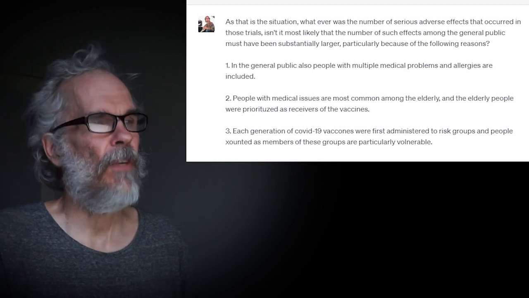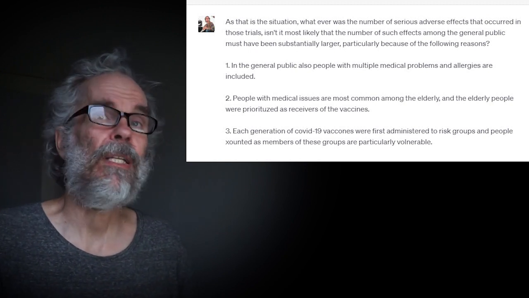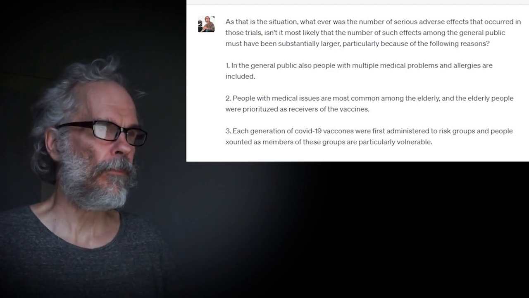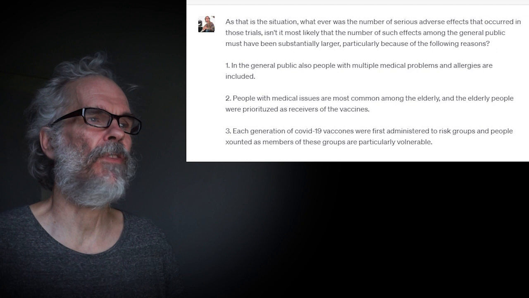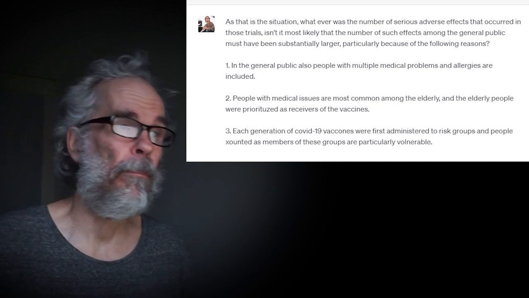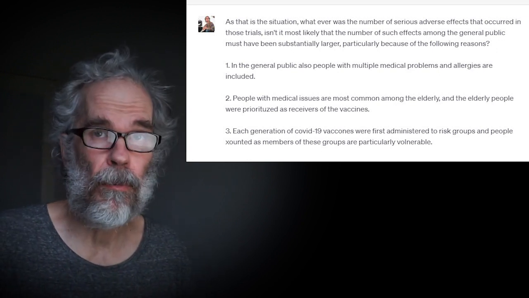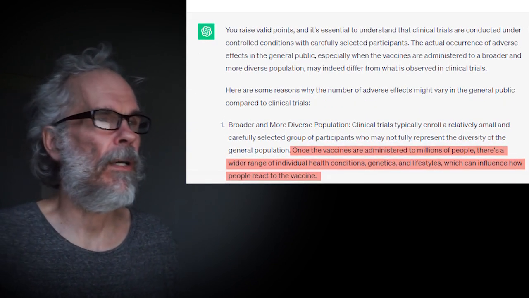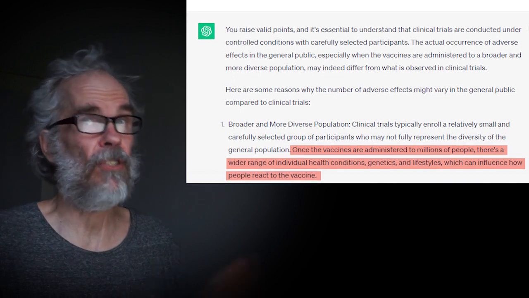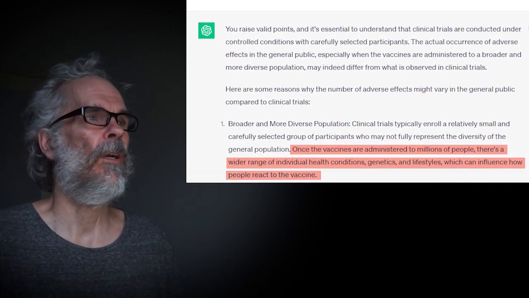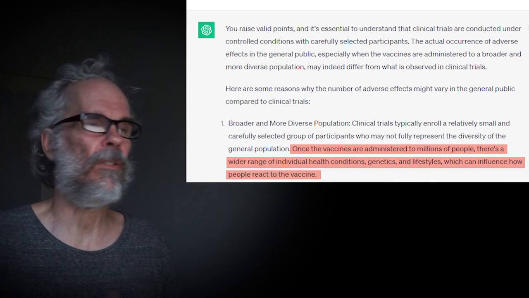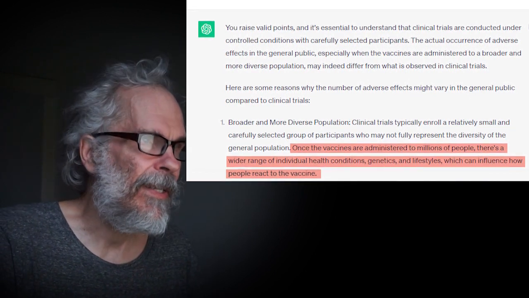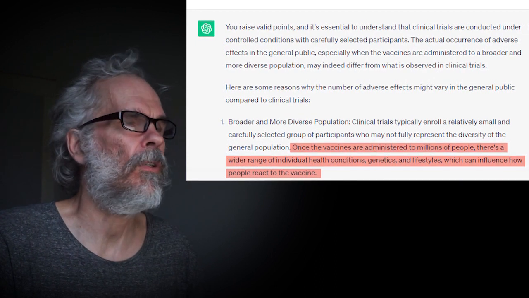Each generation of the COVID-19 vaccines were first administered to risk groups, and people counted as members of these groups are particularly vulnerable. So now I have highlighted some points. Chat GPT thanks me for raising valid points, which is good, because these points are definitely valid and very logical.